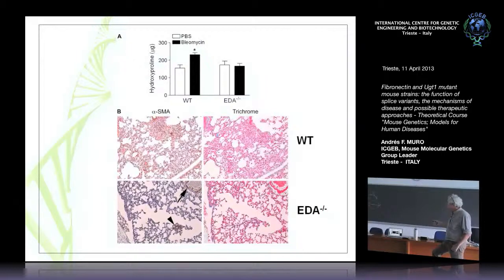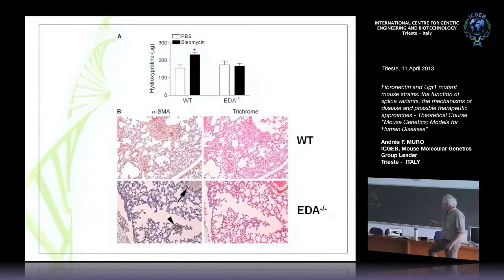You can see a huge increase in the amount of collagen that is reflected here by the presence of smooth muscle actin that is a marker of myofibroblast, and then the presence of collagen that I don't know if you can see, but there are blue areas that correspond to the presence of collagen.